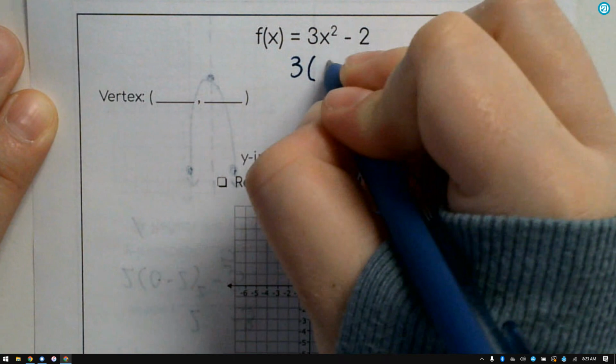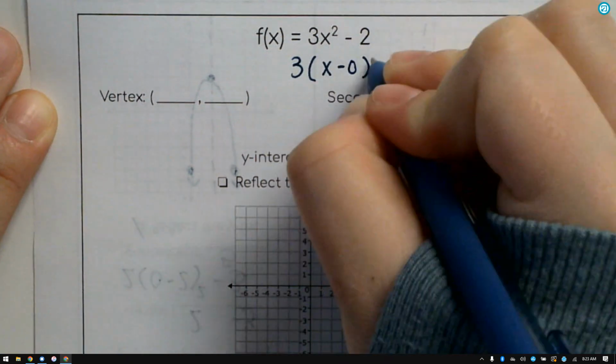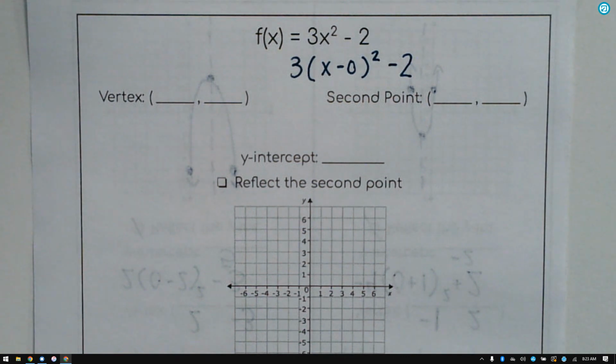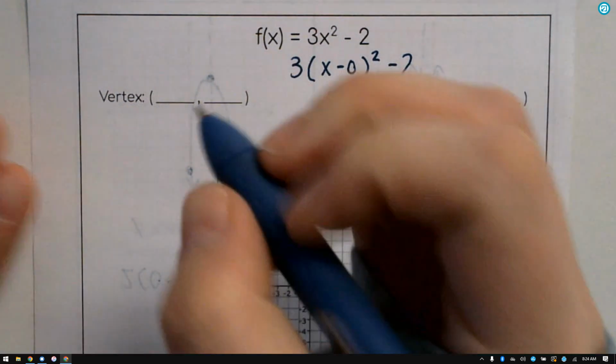I'm going to put x minus 0 here. So what this means is that my h value was 0, and so that's why there's not a number in there. x minus 0 is just x. So that means my vertex is 0, -2.